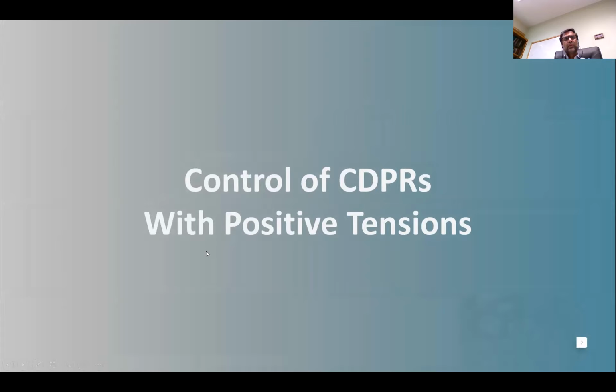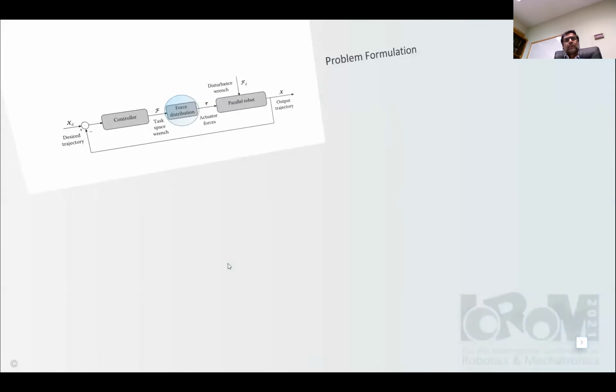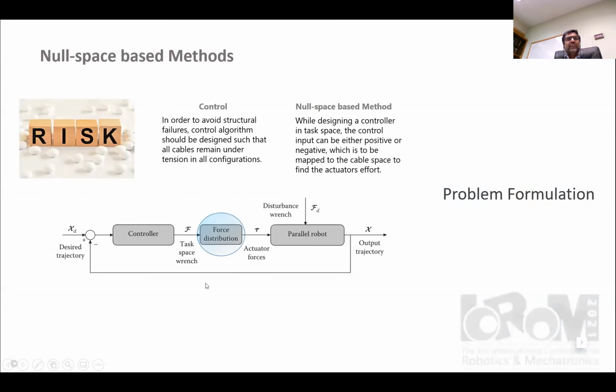But let me come back to the control of CDPRs with positive tension. As we know, in order to avoid structural failures, control algorithms should be designed such that all cables remain in tension in all configurations.